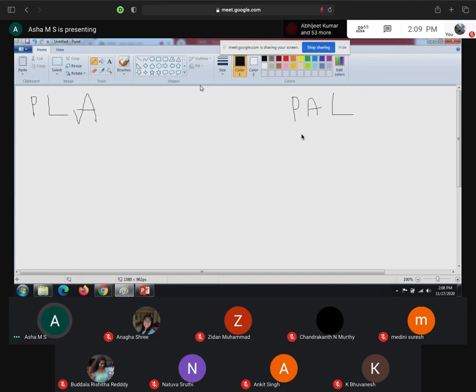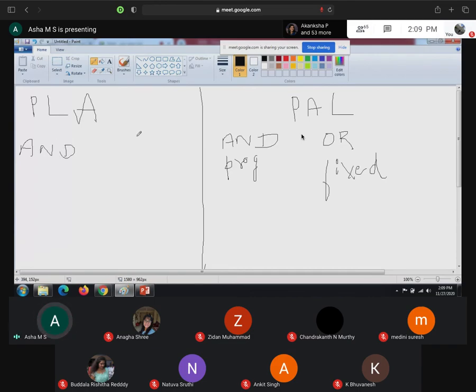The difference between these two is that in PAL, the AND is programmable and the OR is fixed. OR is fixed, we cannot change anything here. But in PLA, both AND and OR are programmable.